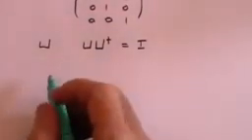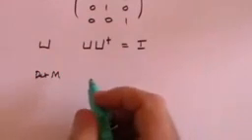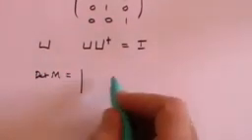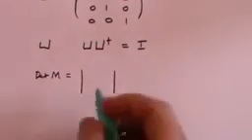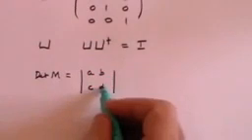Then I need to explain to you what a determinant is. If we want the determinant of matrix M, we write that with straight lines rather than with curly brackets. And if the matrix is made, I'm going to do a 2 by 2 matrix, A, B, C, D, where A, B, C and D will all be complex numbers.